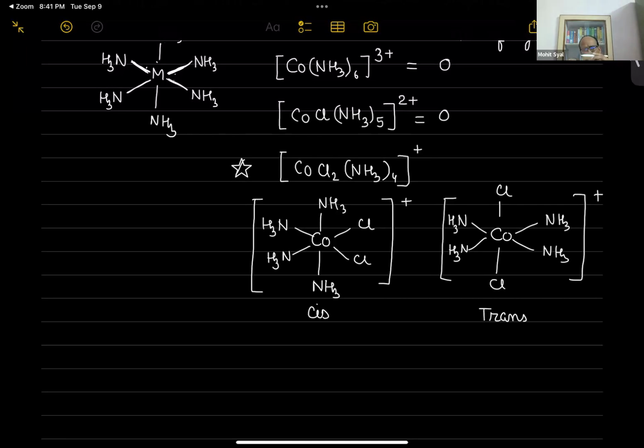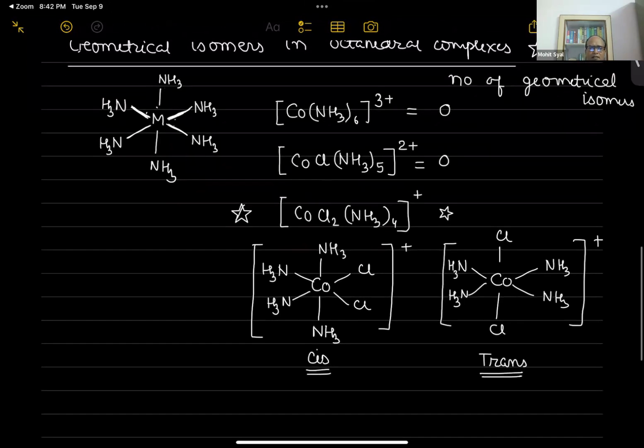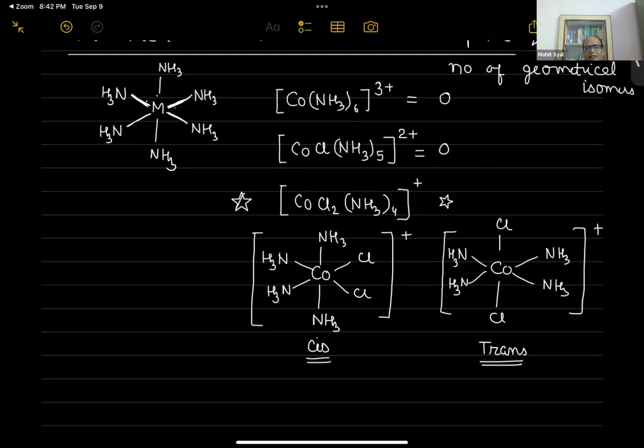You can choose any two positions which are at 180 degrees. Is that clear to everyone? And that can give you cis and trans arrangement, right? So this is a very important example, because this is the first example which can show cis trans isomerism in octahedral complexes.